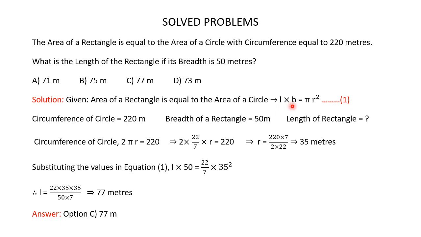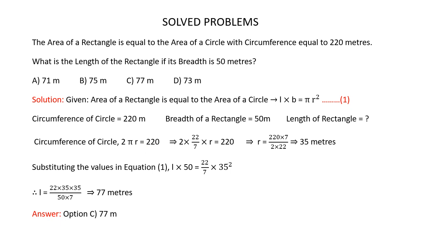So L multiplied by B is equal to pi r square is equation 1. Now it's given that the circumference of the circle is equal to 220 meters. Now we know that circumference of circle is equal to 2 pi r, which means 2 pi r is equal to 220.